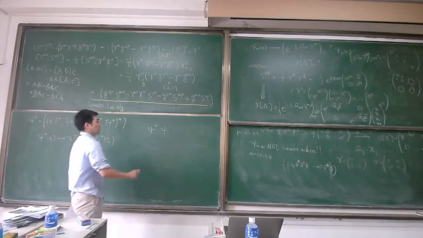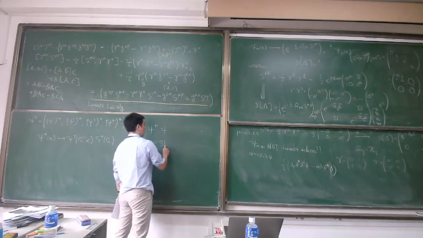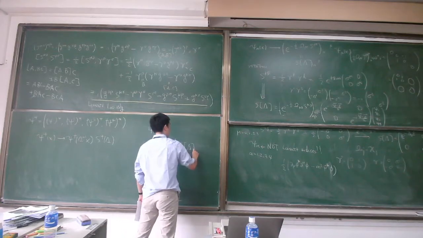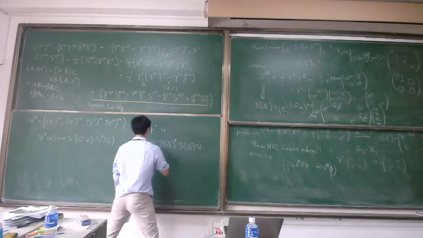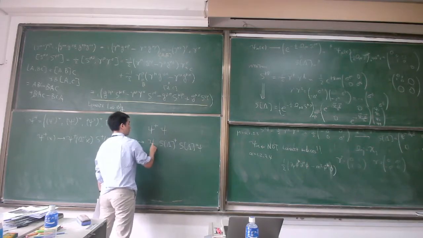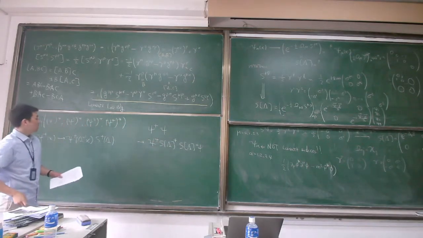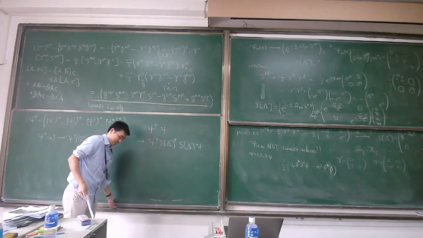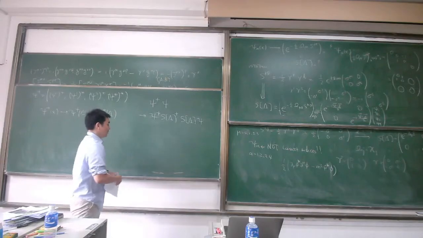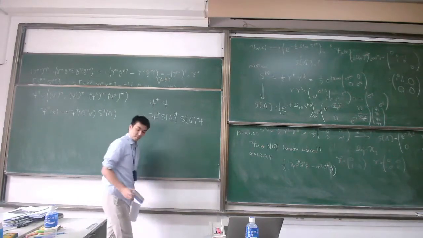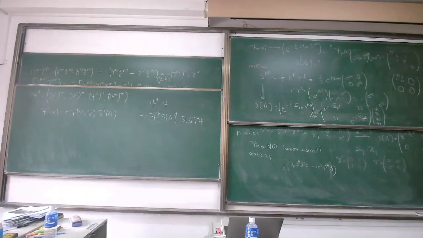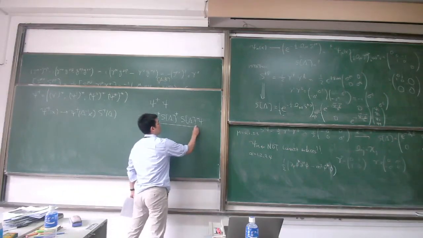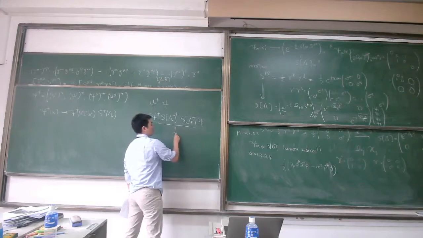Under the transformation, this one is S of lambda, and it transforms like this. If it is Lorentz invariant, it should be equal to 1.